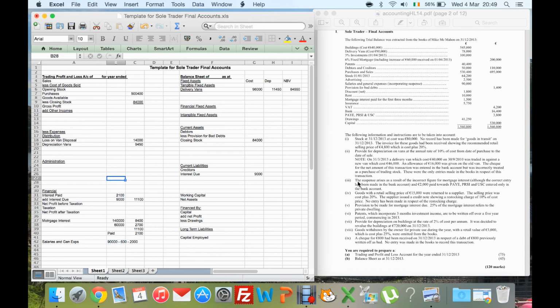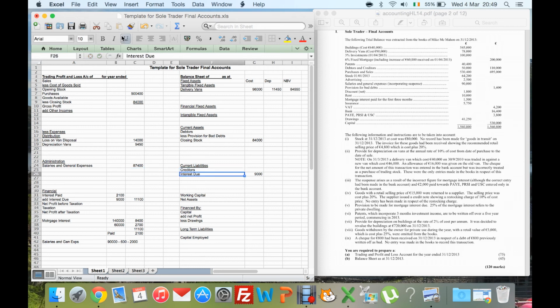So I'm going to take away 2 grand from the salaries and general expenses. So put that into administration. So it's 90 grand minus the 600 for the mortgage interest and then minus the 2 grand for the PAYE and PRSI.